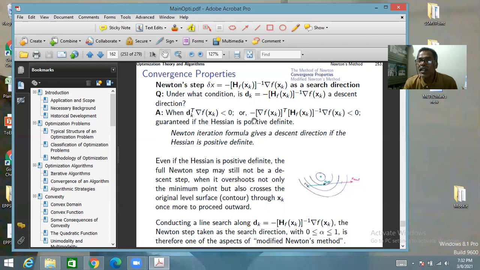So the negativity is guaranteed if the Hessian is positive definite. This is the little result that we have got. If we are operating in a neighborhood where the Hessian is positive definite, where the function is convex, then the Newton step will give a descent direction at least, even if the full Newton step is not a descent step.